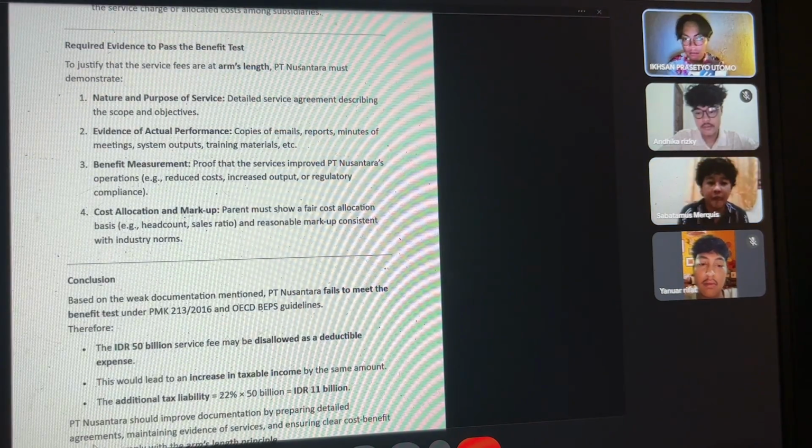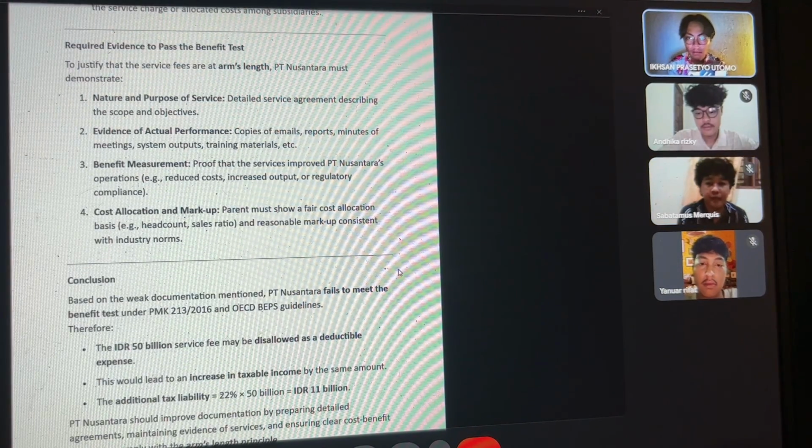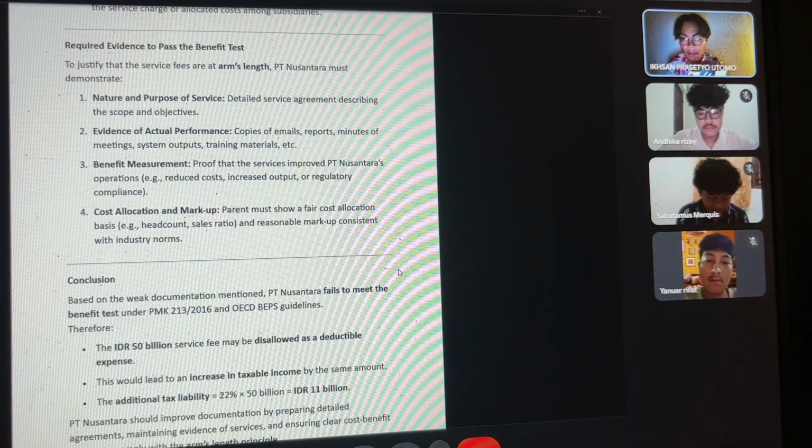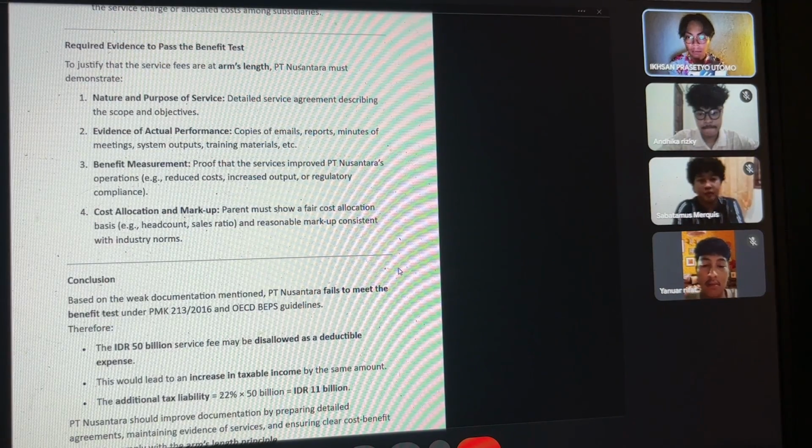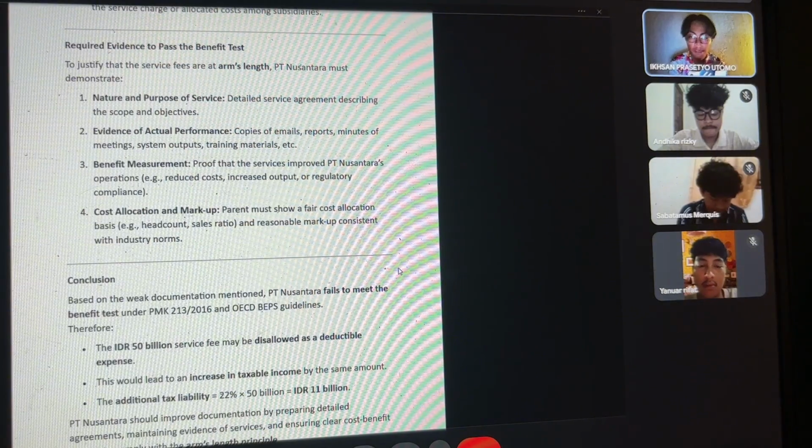And then the required evidence to pass the benefit test is to justify that the service fees are at arm's length. PT Nusantara must demonstrate: number one, nature and purpose of service, a detailed service agreement describing the scope and objectives.